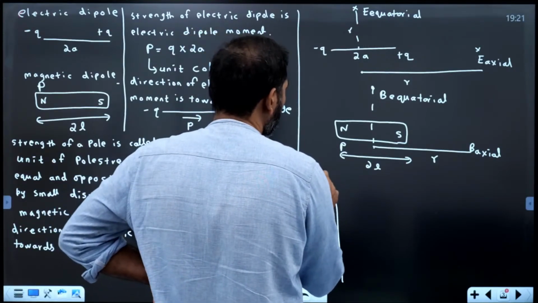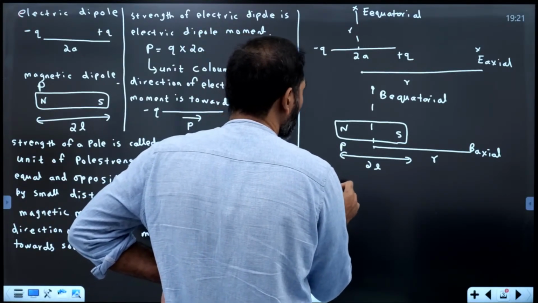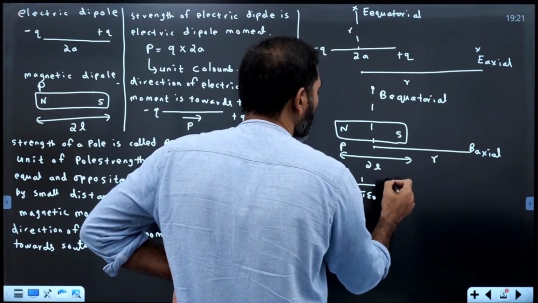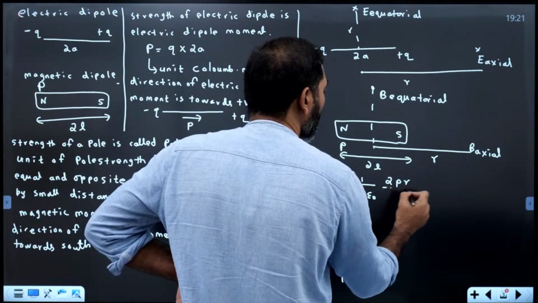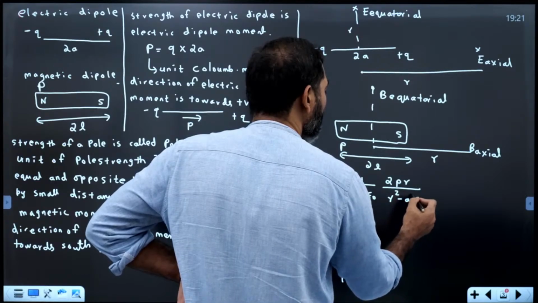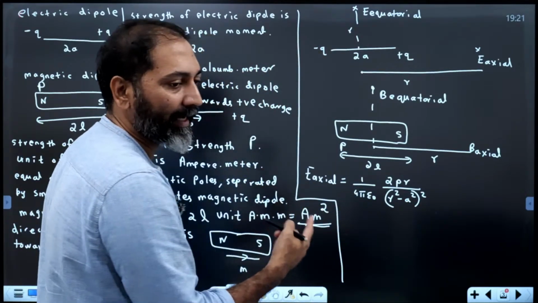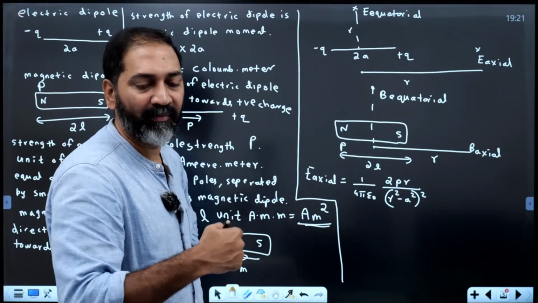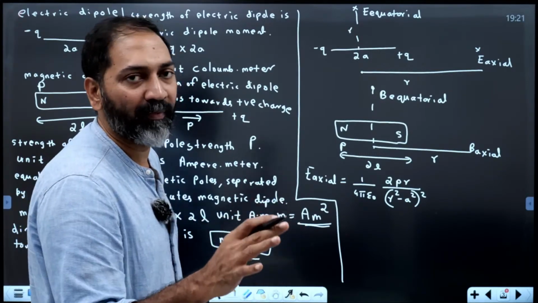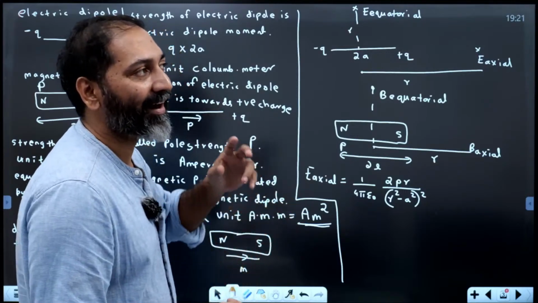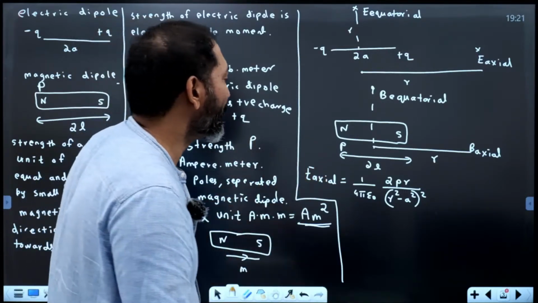What is the equation for the electric field at the axial point of a dipole? 1/4 pi epsilon naught, 2Pr divided by (r square minus a square) the whole square. We have already derived this equation in the first chapter. I am just repeating this topic to make sure that you remember the first chapter topic, and I am establishing a connection between the first chapter and the 5th chapter.